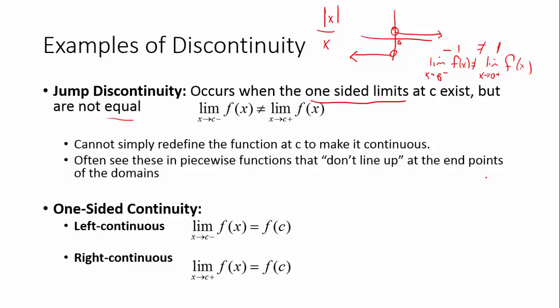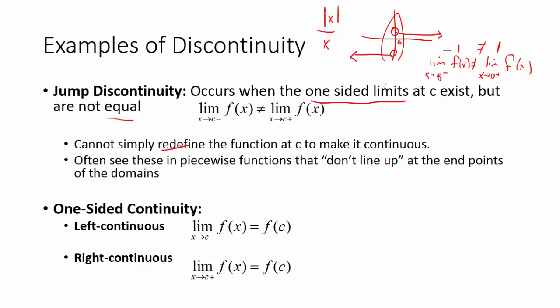This is a little bit of a harder discontinuity to fix, because you really can't redefine this function to make it continuous, right? These are basically those piecewise functions that sometimes just don't line up at the endpoints, like you see right here, okay?